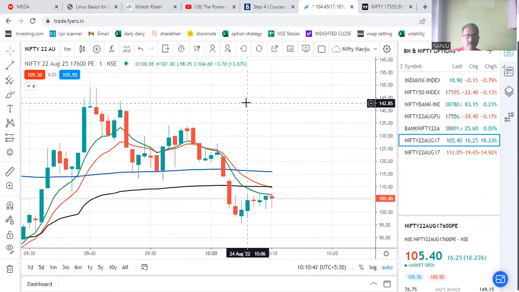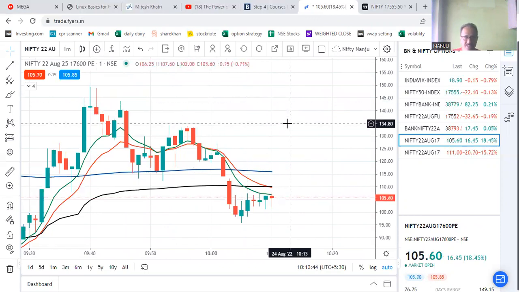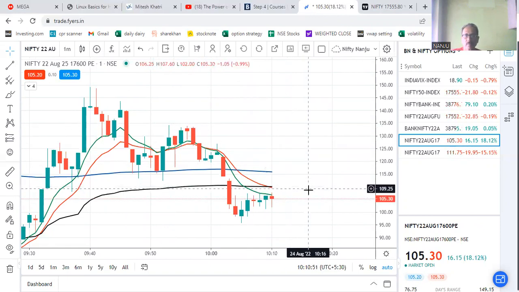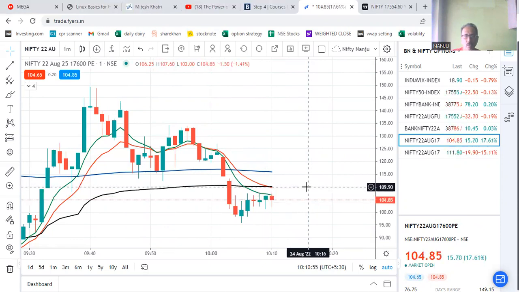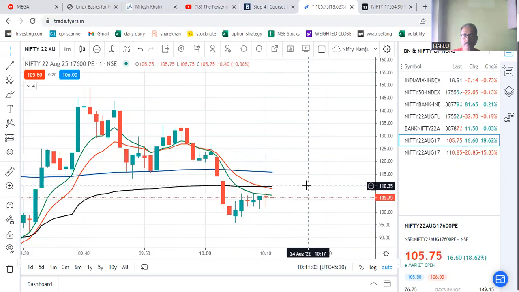See, this is the 17,600 put option chart. The candle has to close well above the VWAP. Only then I will initiate a trade. Maybe above 111.